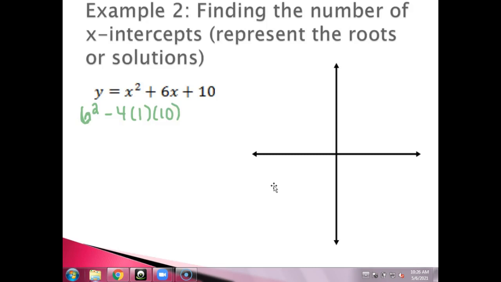So in this case, you get 36 minus 40, which is negative 4. So that tells me that this has 2 imaginary roots, and that tells me that I have no x-intercepts.